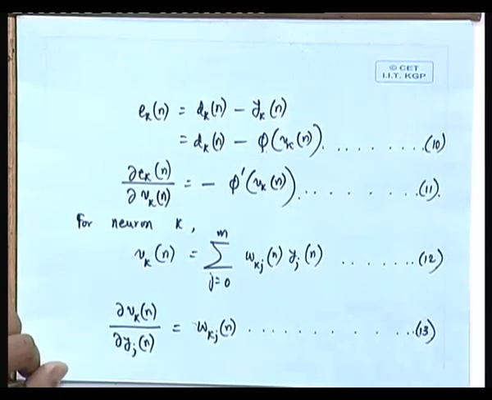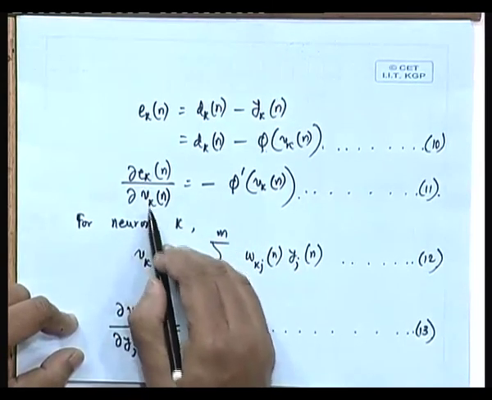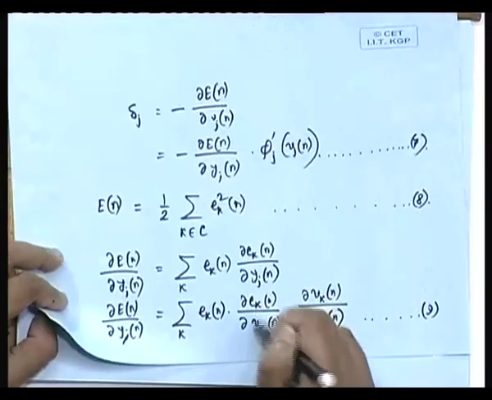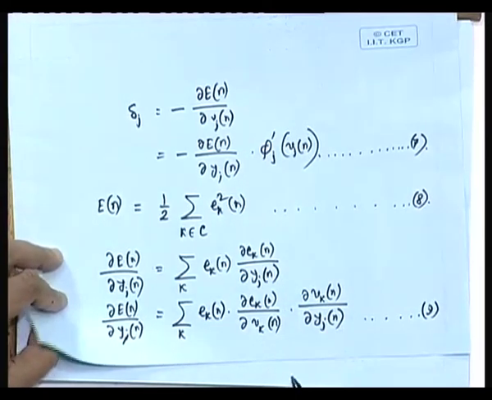So, have we got what we were wanting? I think so. We have got dou Ek dou Vk, we have got dou Vk dou Yj. That is what we were wanting, isn't it? Dou Ek dou Vk and dou Vk dou Yj. These two terms we wanted.